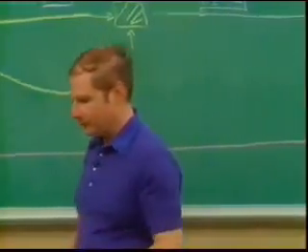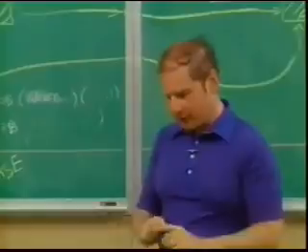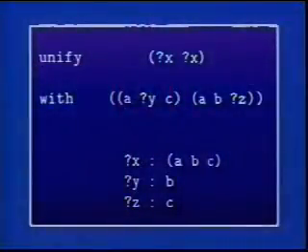Let me give you an example. If I have the pattern two-element list, which is X and X, this says I have a two-element list where both elements are the same, and otherwise I don't care what they are.